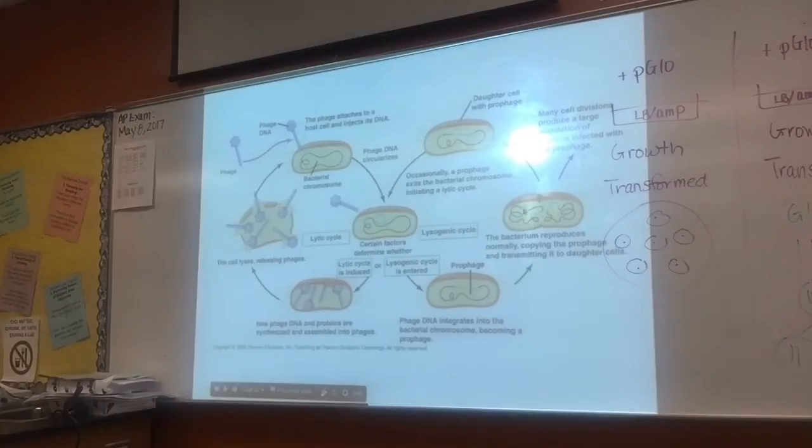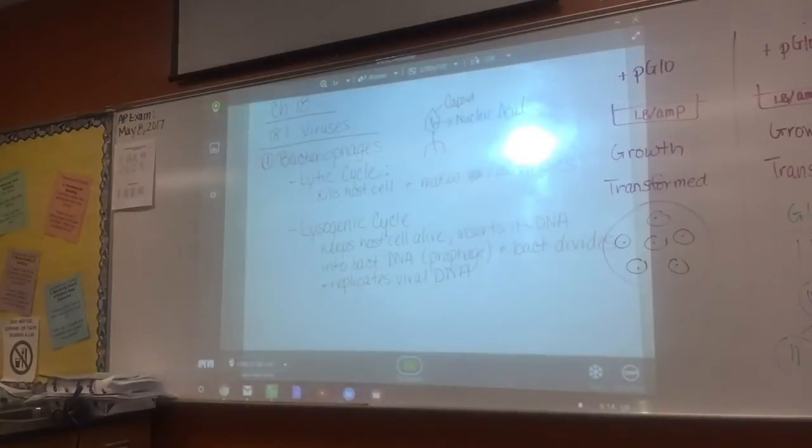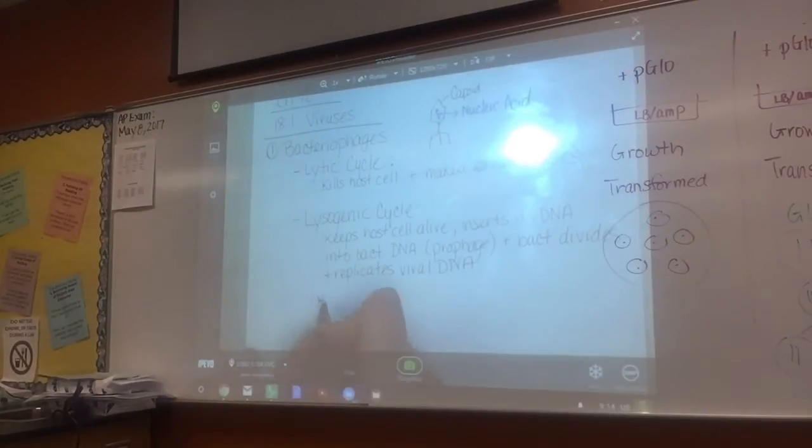And so therefore, it divides and divides and divides, and makes lots of bacteria. At any given time, a particular bacteria that has the viral DNA, that viral DNA can pop out and it can enter the lytic cycle. Alright, so that's the relationship there. Alright, so let's put here underneath there that it can enter the lytic cycle.